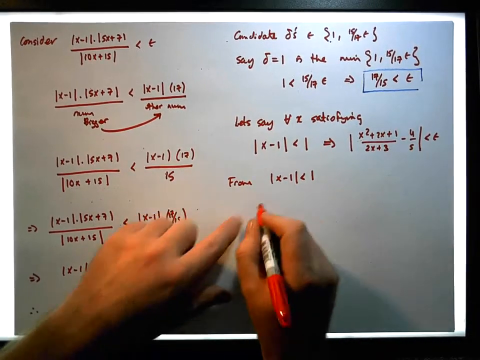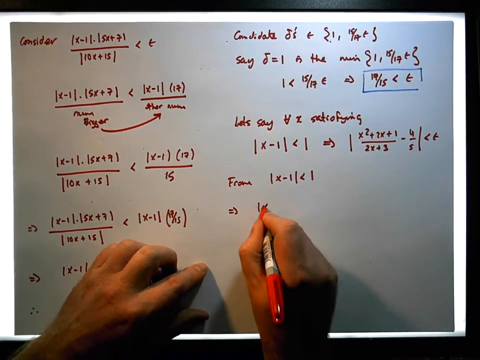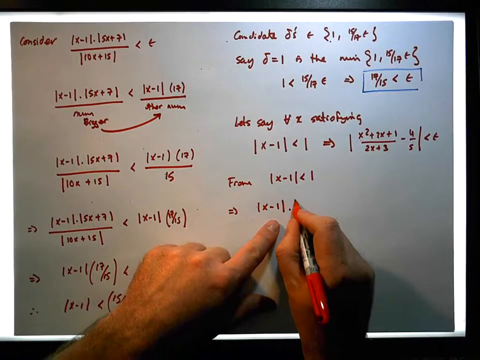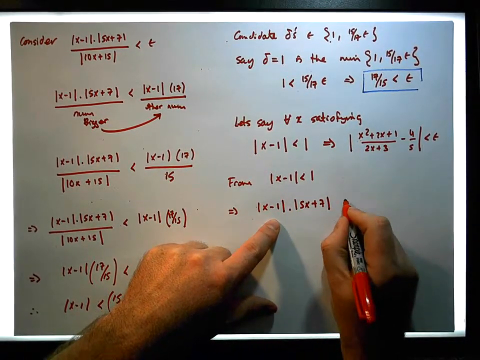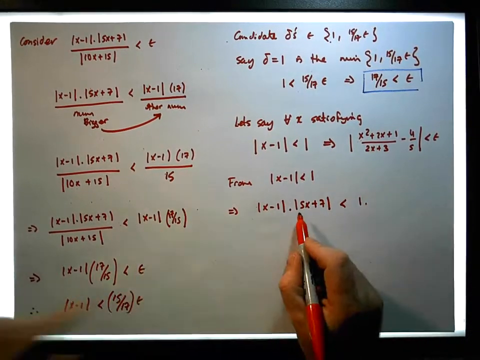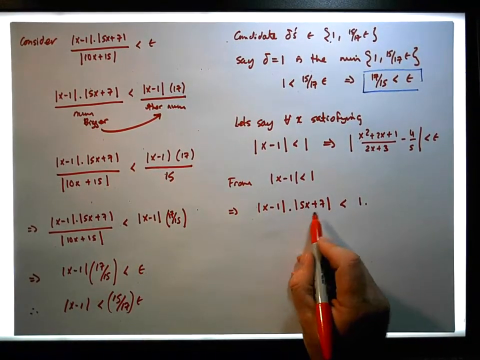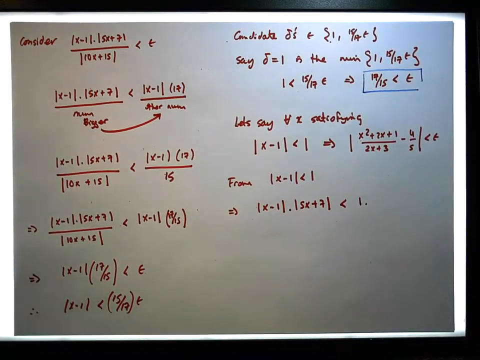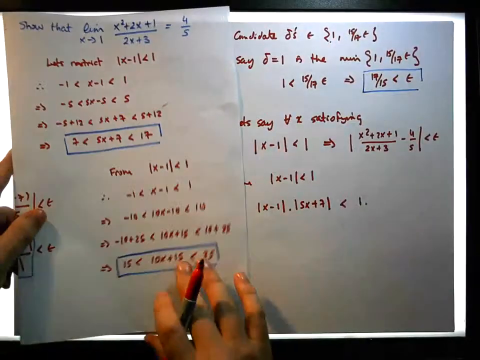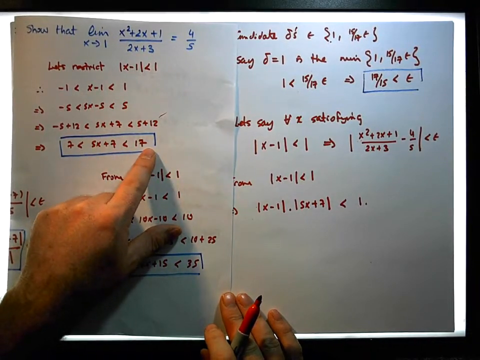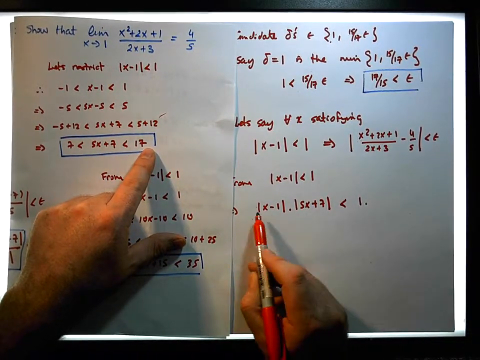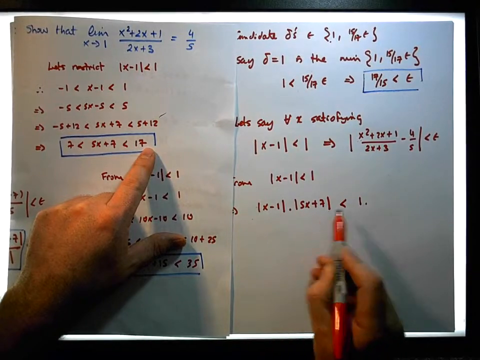This implies that |x minus 1| times |5x plus 7| must be less than 1 times, well, |5x plus 7| is actually smaller than 17, we figured it out. So now we know that |x minus 1| times |5x plus 7| must be smaller than 17.